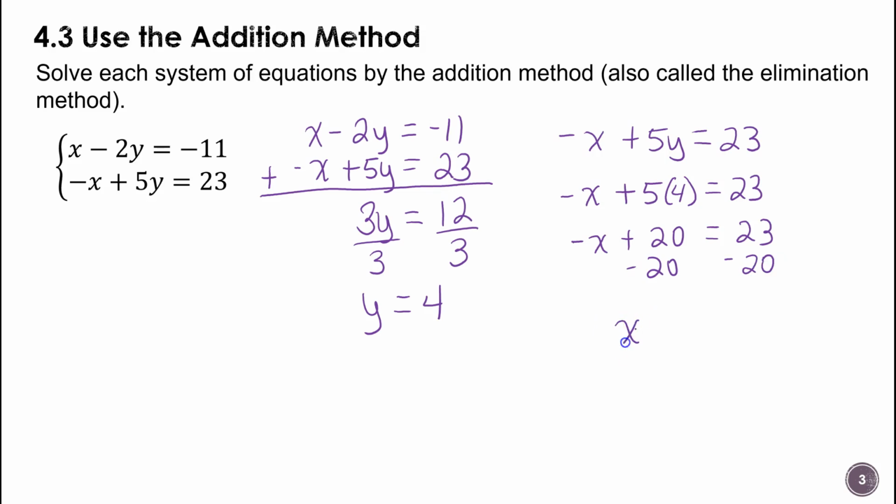Negative x equals 3, and then we divide by negative 1, so x is negative 3. Almost dropped that off. Make sure you pay attention to that in the line above, okay? And so my ordered pair is negative 3, positive 4.